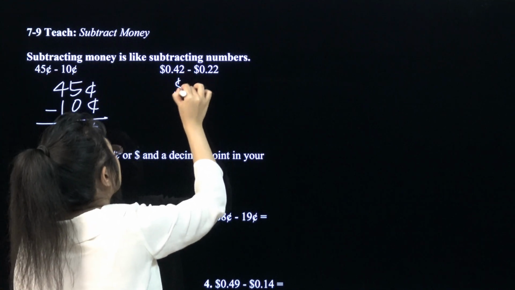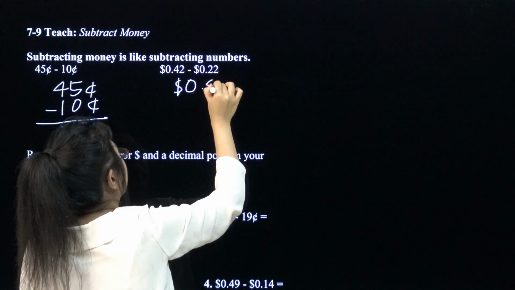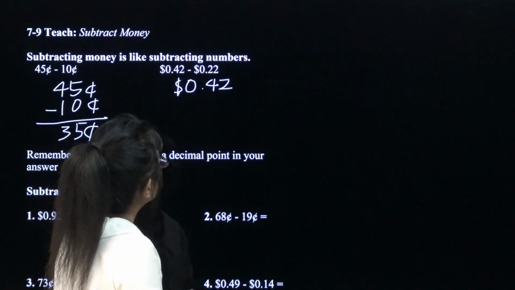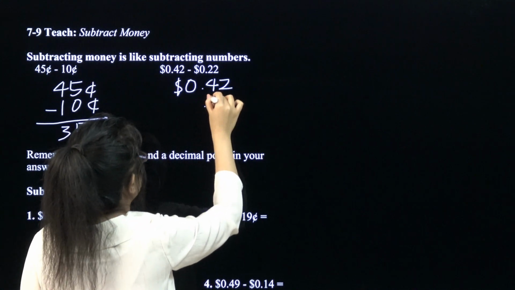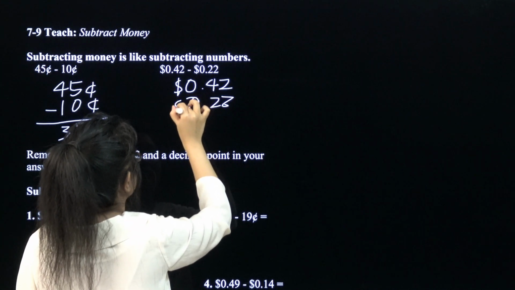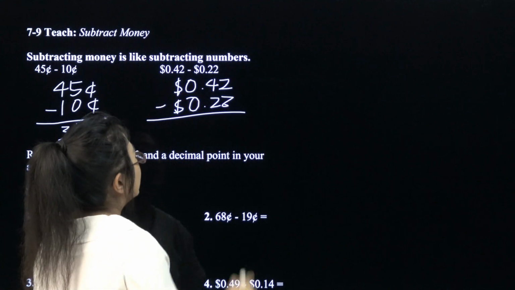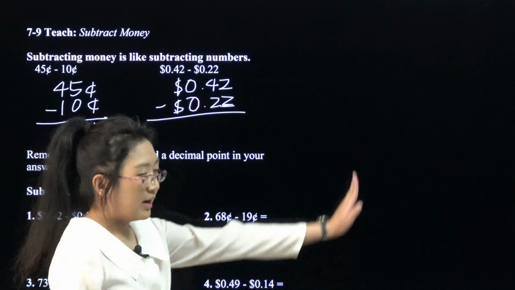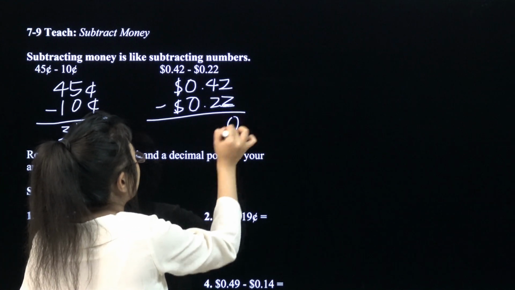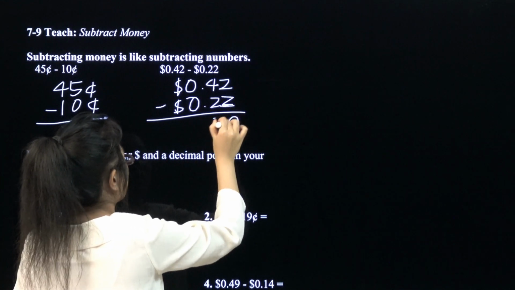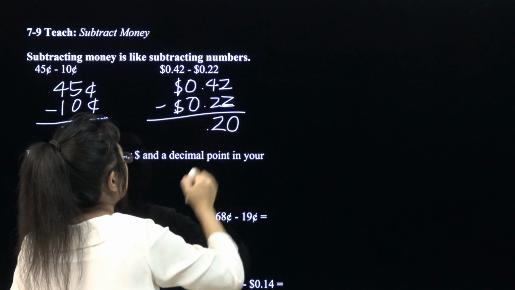What about $0.42 minus $0.22? Well, you line up the decimal point and you just subtract, starting from the right, just like we normally do. 2 minus 2, 0. 4 minus 2, 2.